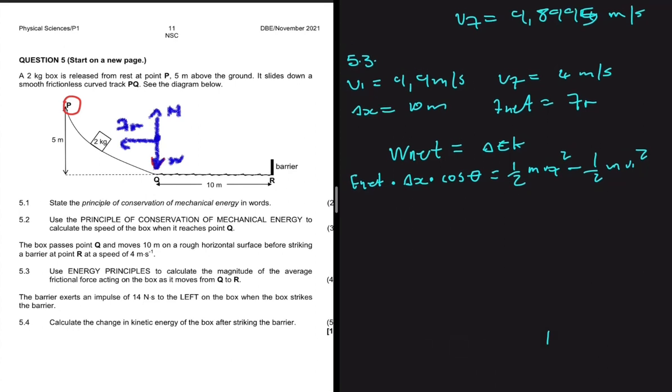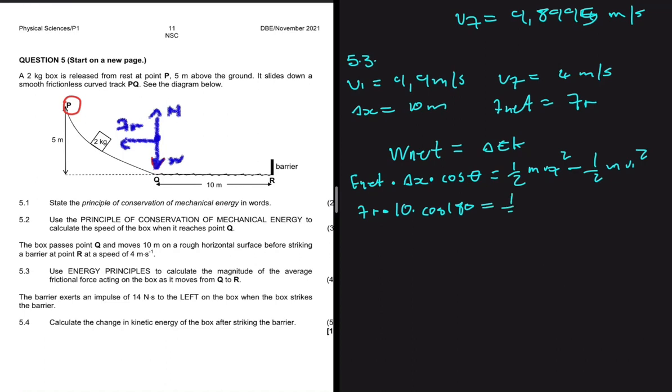That is the only force that is doing work on our object. So we're gonna have Fr multiplied by 10 multiplied by cos of 180. The angle we use with regards to frictional force is always going to be 180 because it's opposing the motion parallel to the surface all the time. So yeah, the angle for frictional force is always 180.